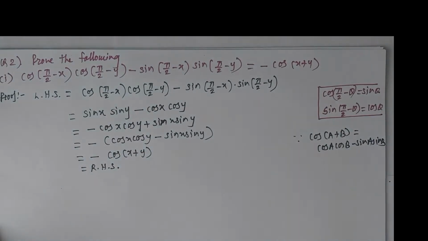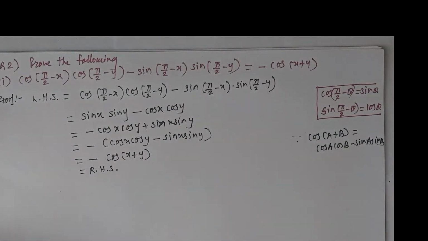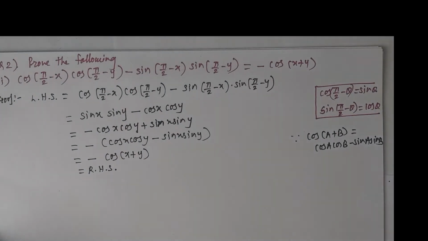In this way we have proved it. In the solution of this problem, we have used these three formulae. Means it is very important to remember the formulas. If you remember the formulas, then solving the problems is very easy.